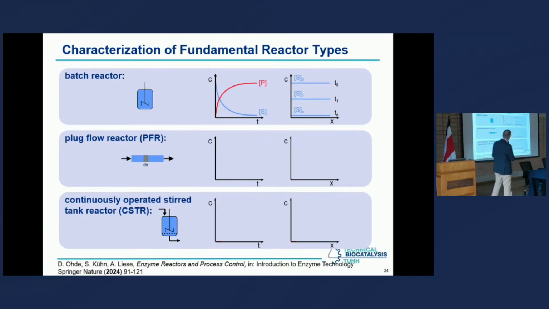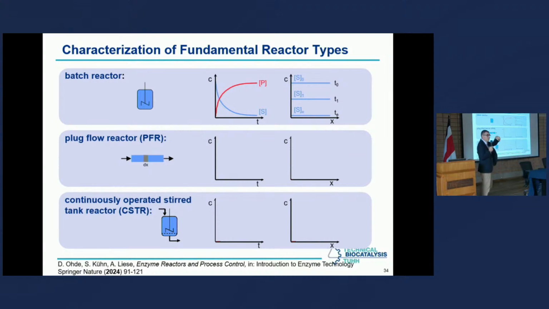And that is, how does it look in space? Let's say we're sitting down here in the left corner, or up there in the right corner. How does the concentration change in one place with time? If we assume it's ideally mixed, we will find the concentration of the starting material at the beginning identical everywhere.